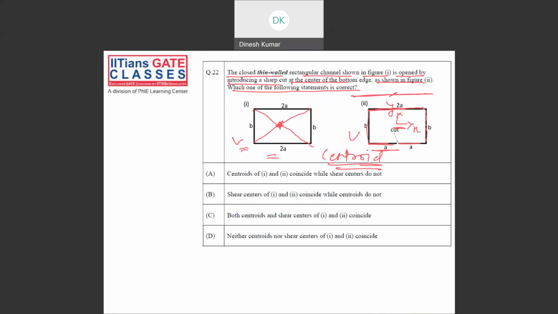If someone asks how to find the shear center position, you can apply one force in this direction, find the shear flow for this, and then take a moment analogy about this point, and you can find the shear center position. So if you see the correct answer, answer A is correct: centroid of 1 and 2 coincides, while shear center does not.